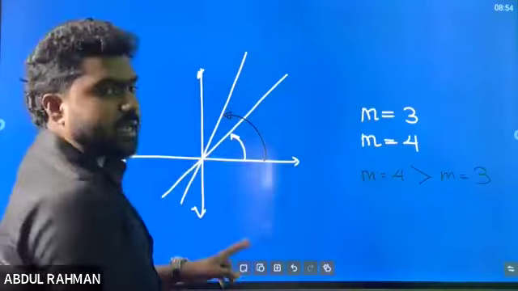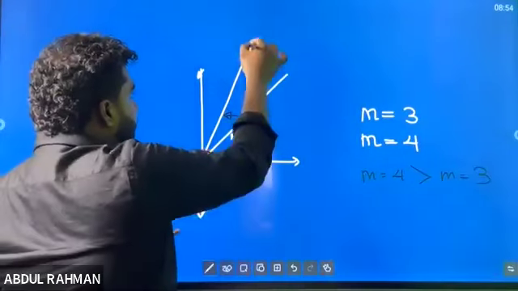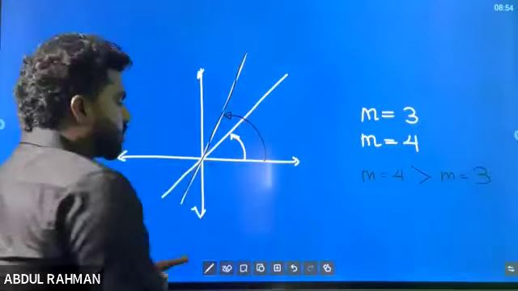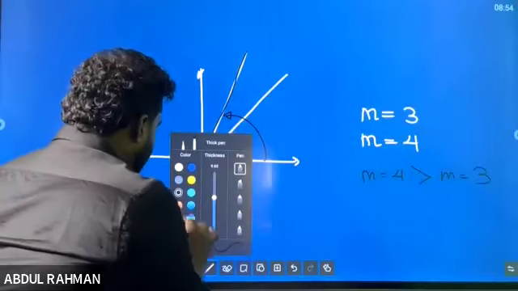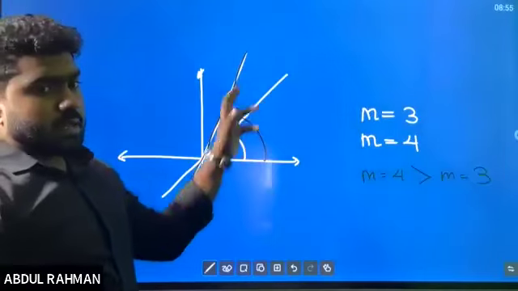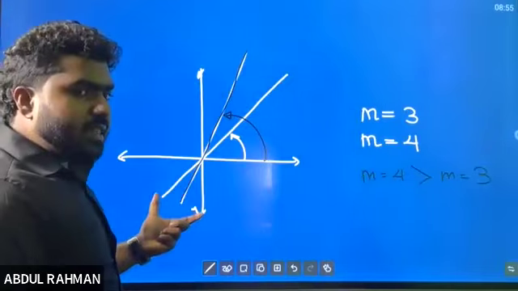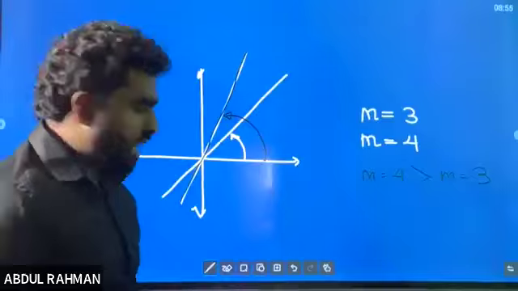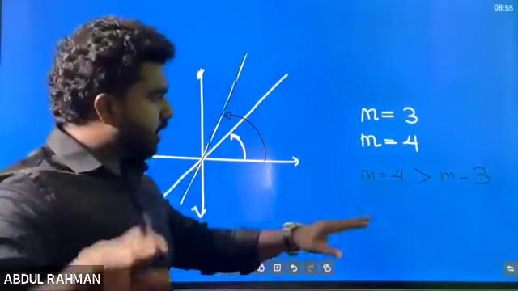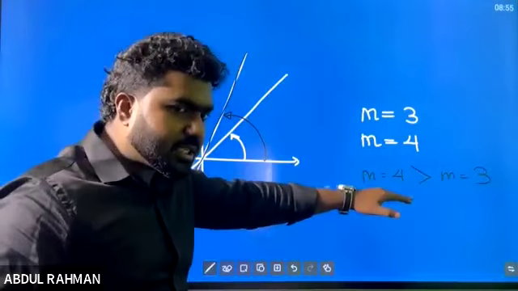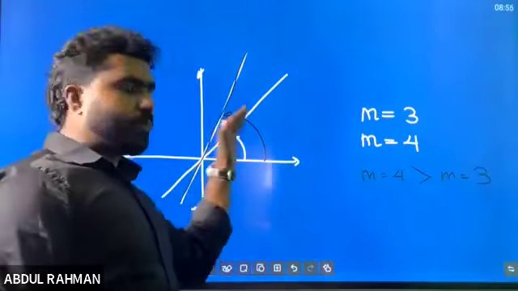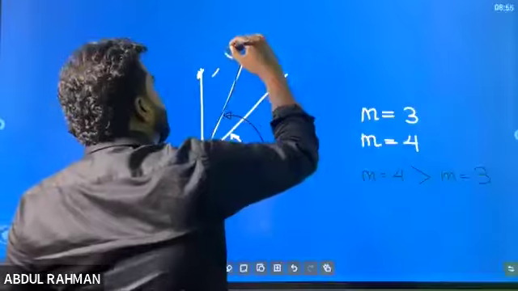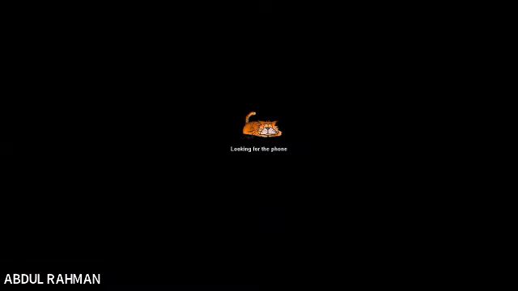When I compare both angles, the graph highlighted with the black is the graph which has the larger angle. If the gradient is larger, it should have a larger slope. Since this slope is larger, I can say the gradient of this graph is m = 4.